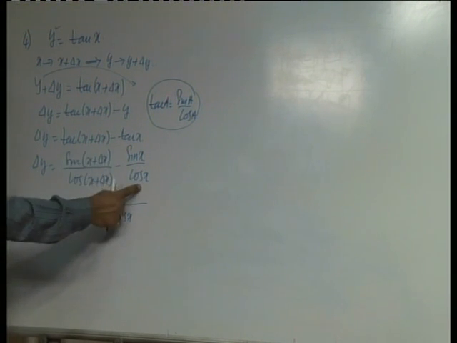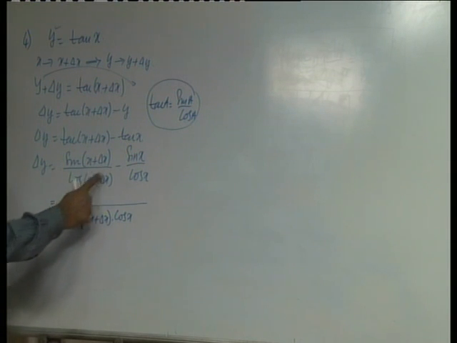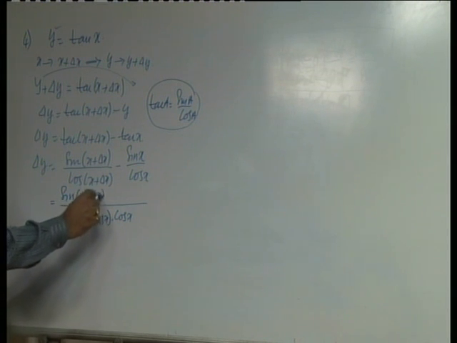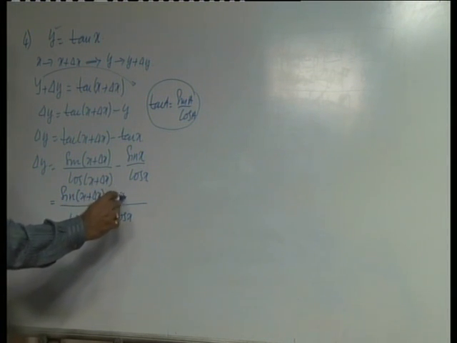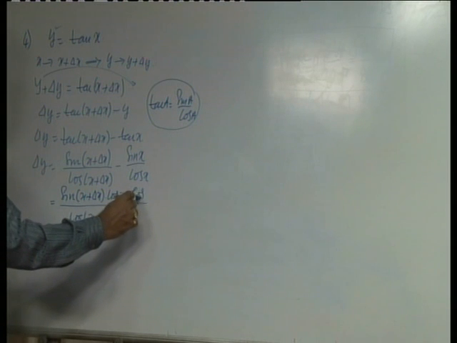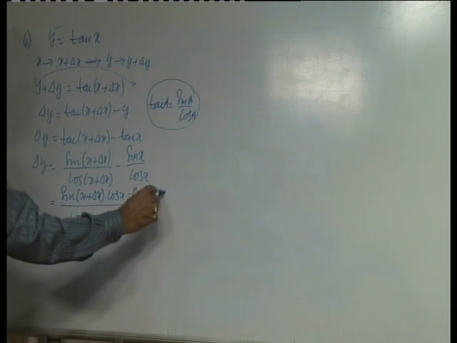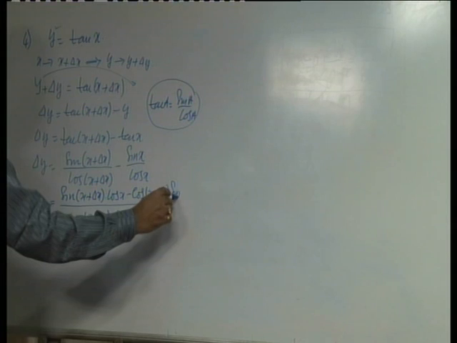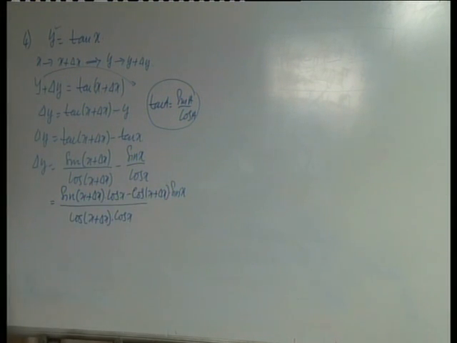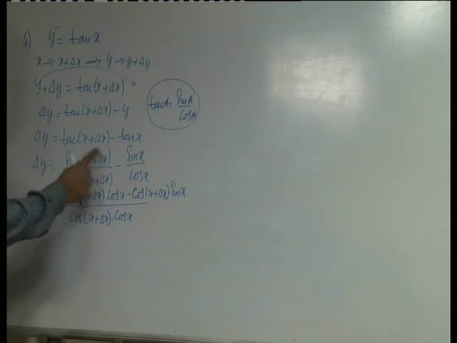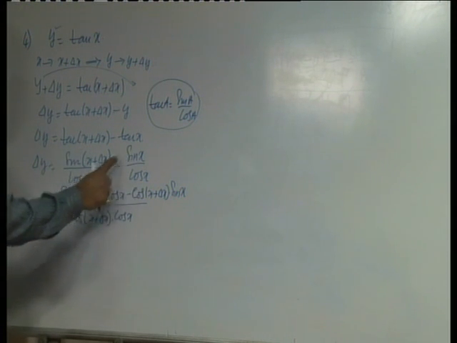Numerator of first into denominator of second, minus or plus whatever it is, then denominator of first into numerator of second, that is sin of x plus delta x into cos x minus cos of x plus delta x into sin x. When we take the product of the denominator terms as LCM, we take like this, this into this minus or plus this into this.